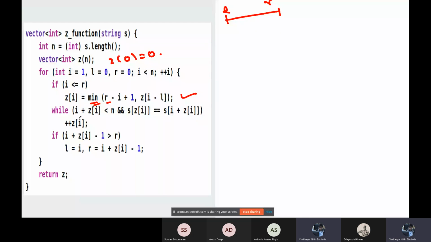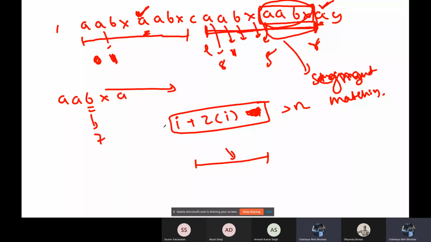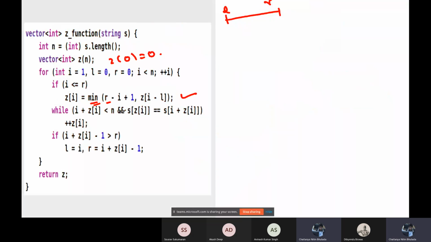So now, while I plus zi is less than n, because it cannot exceed n, and s of zi, s of zi means this. Suppose it was aa and aab.